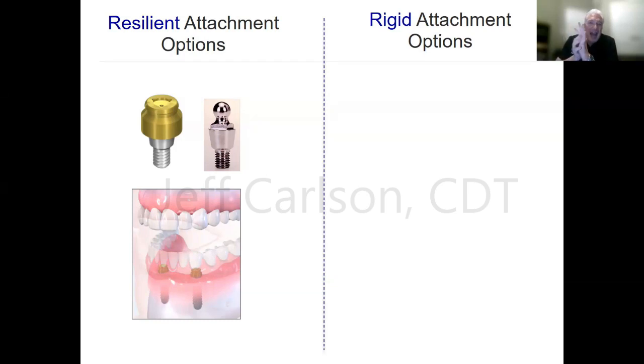These resilient attachments, their real purpose is to retain the prosthesis in place during function, speech, mastication, etc. Not necessarily to distribute the loads from maybe just 2 implants or maybe 3 implants, and that movement allows for the edentulous areas to take that load.